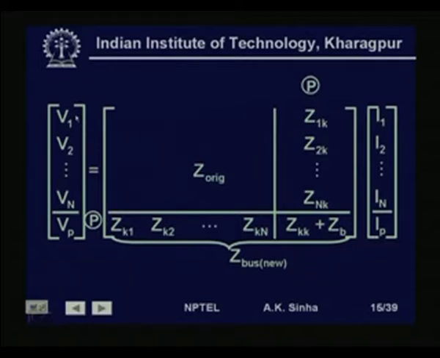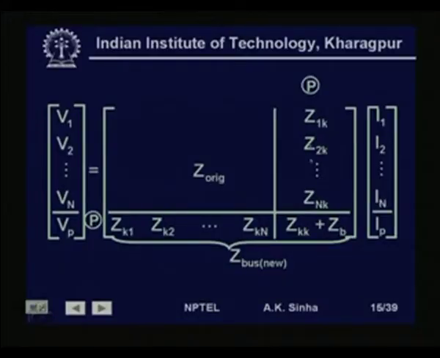So, the new voltages will get modified by addition of Zik into Ip, and therefore, we have this n plus 1th column, where we will have the elements Z1k, Z2k and so on, which is same as saying the kth column of the original Z bus matrix becomes the column here up to nth element.